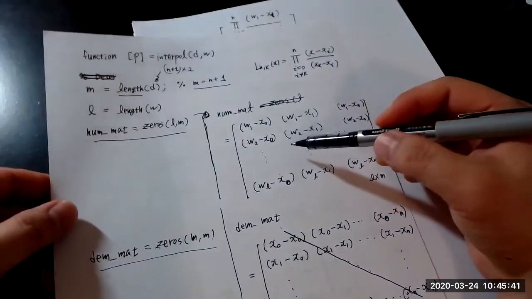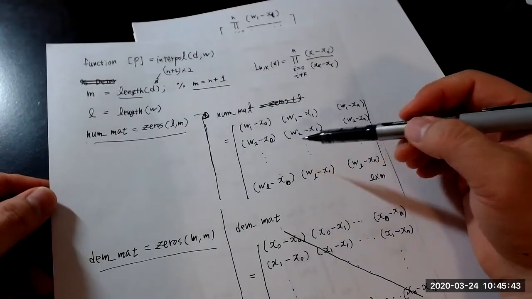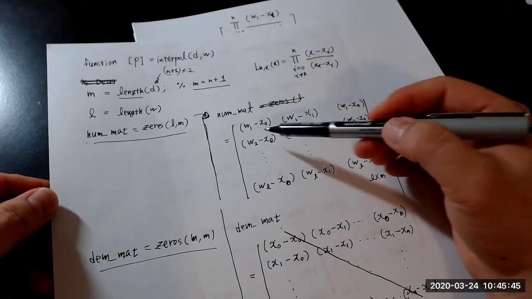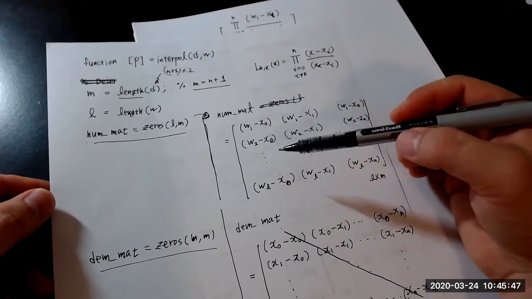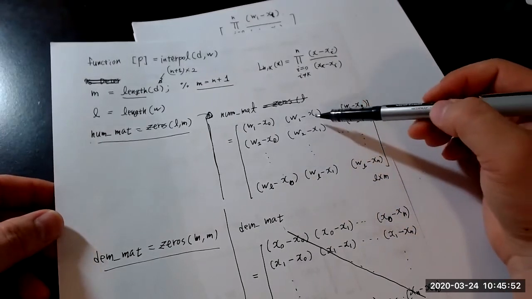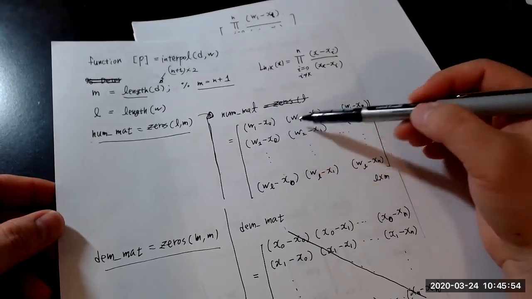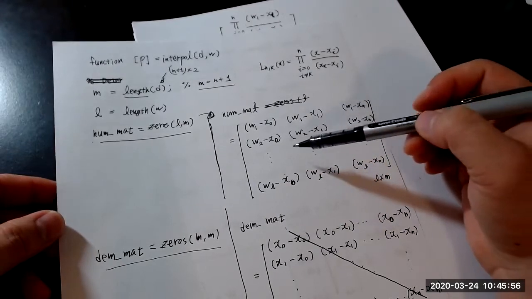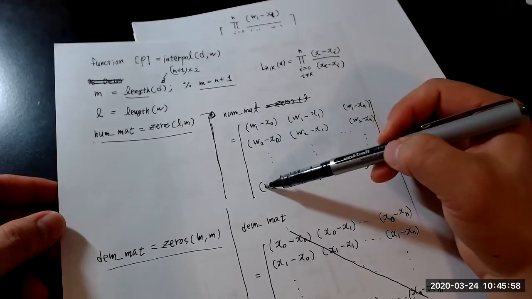So look at this matrix. For each column, look at the difference among the columns: W1, W2 through WL.